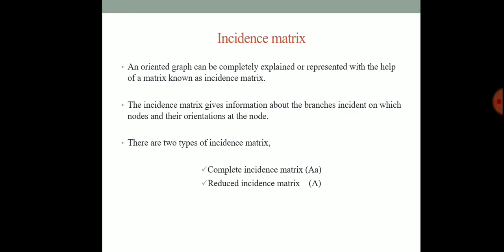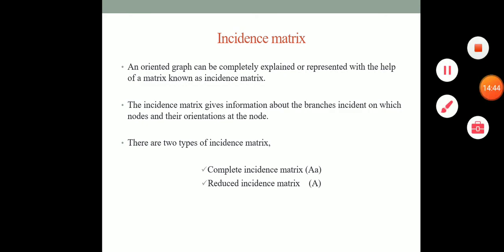All this information is written in matrix form, which is called the complete incident matrix. Now the reduced incident matrix: when any one row from the complete incident matrix is eliminated by using mathematical manipulations, then the matrix is called the reduced incident matrix.